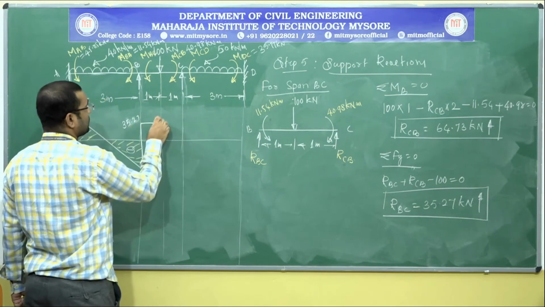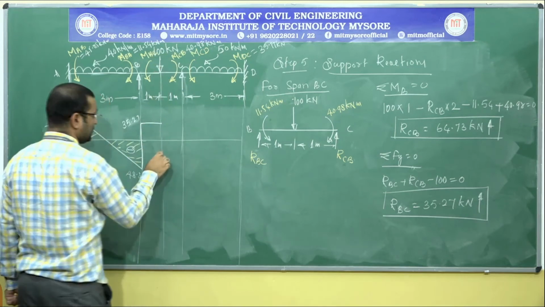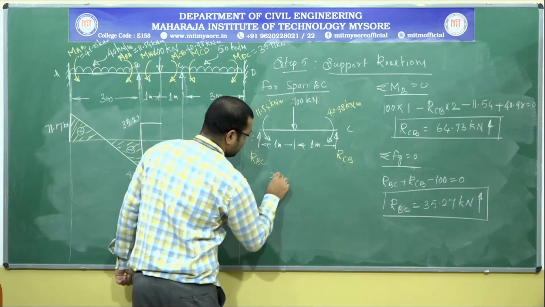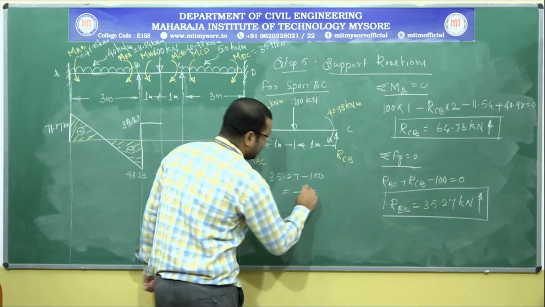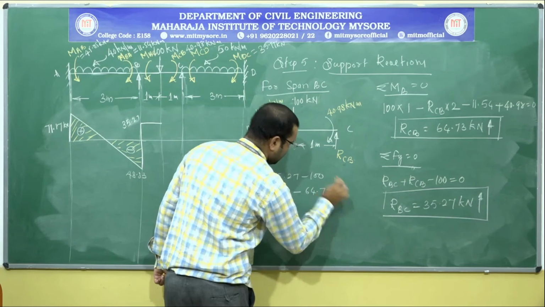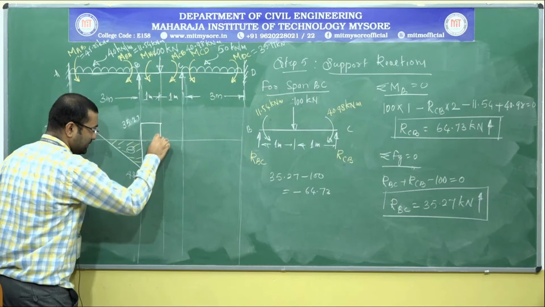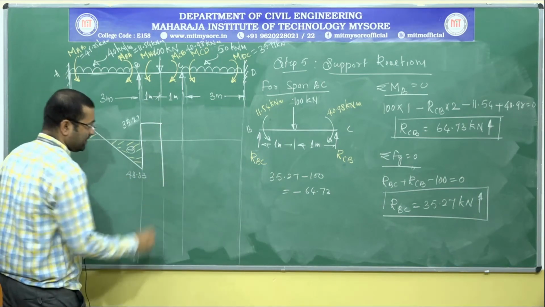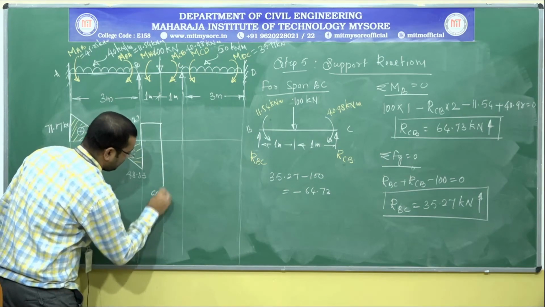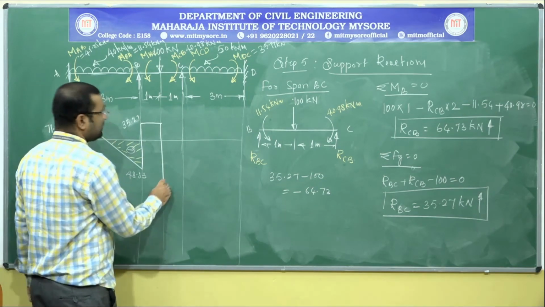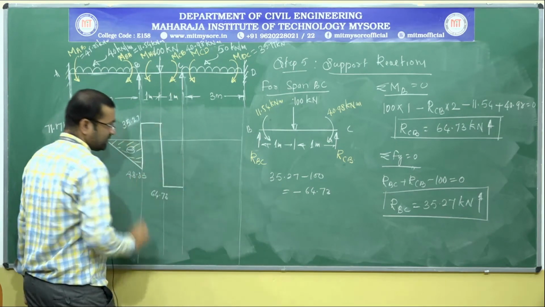Once we reach here, we meet the 100 kilonewton acting vertically downwards. So it is 35.27 minus 100, which yields minus 64.73. Minus means negative value, so I have to come to the negative side, something like this. After this, till C point we don't have any load, so the shear force will remain constant.